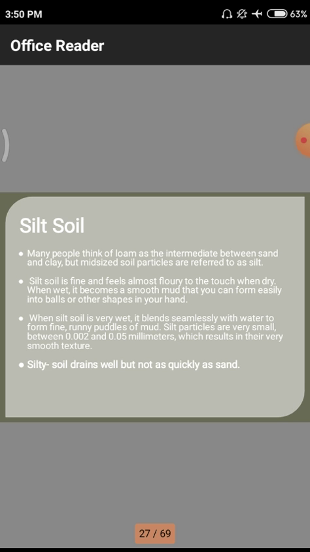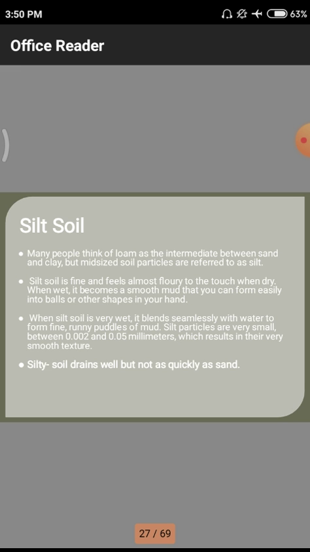This results in a very smooth structure, that means very smooth texture. In some cases these particles are used to construct small pots and others by using these clay and silt particles because of those binding properties and others.